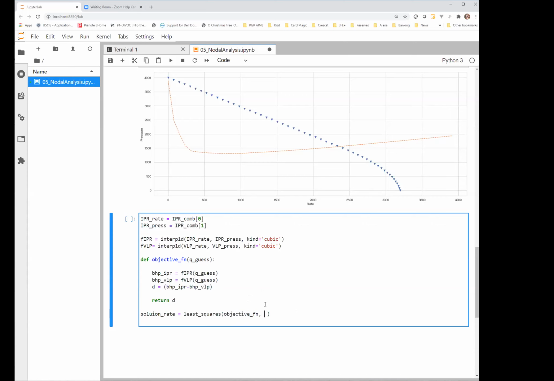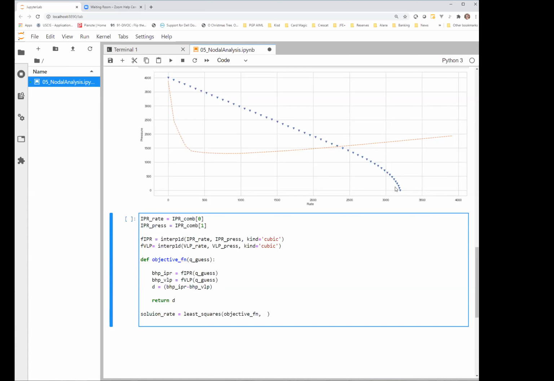And also passing an initial argument, and this is important, be careful on what you're passing. If my initial value is too high, for example, if I'm passing 3,500, it's going to fail because it says this is above the maximum value.